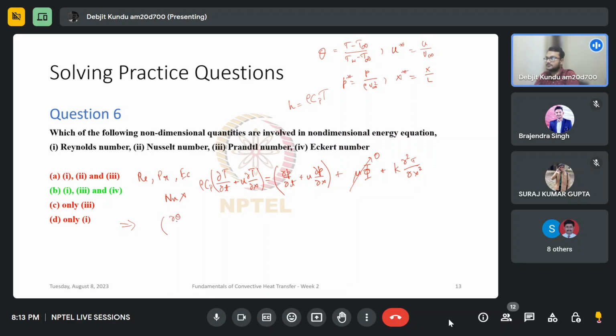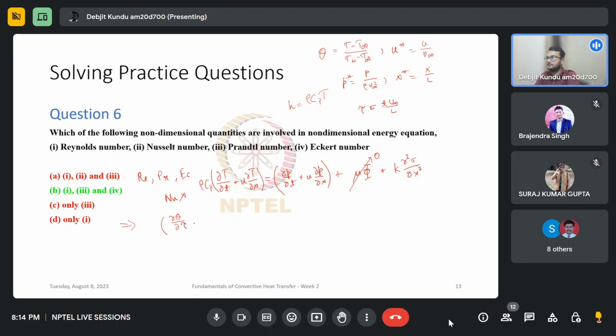So dou theta, okay, time also we have to non-dimensionalize. Let's say we do t u infinity over L. So this would be, let's call it tau instead of t star.